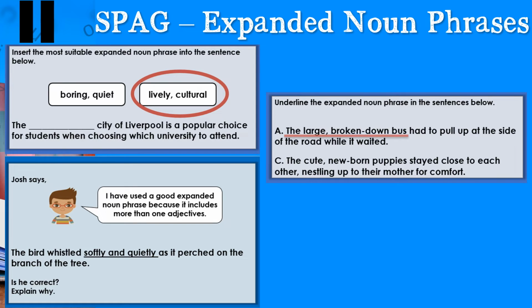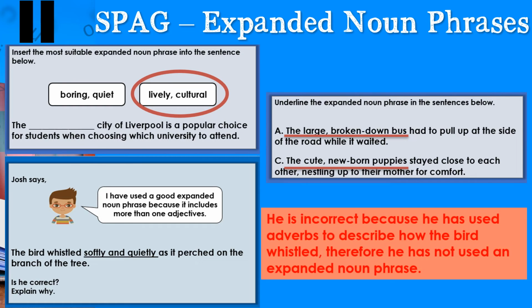Next up, we have to underline the expanded noun phrases. So the large broken down bus: determiner the, adjectives large and broken down, and the noun is bus. Let's look at the next one. The determiner, cute, newborn are both adjectives, and puppies is the noun.